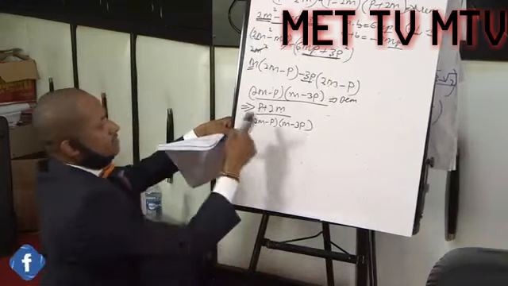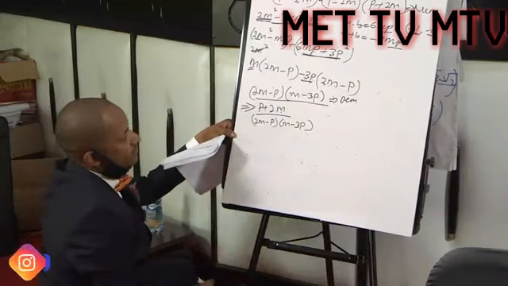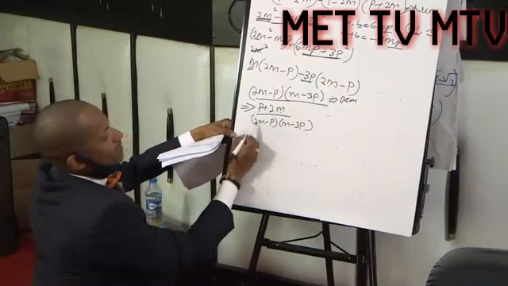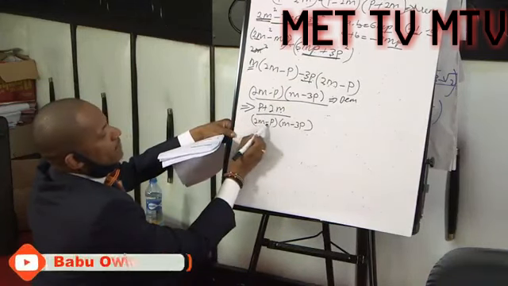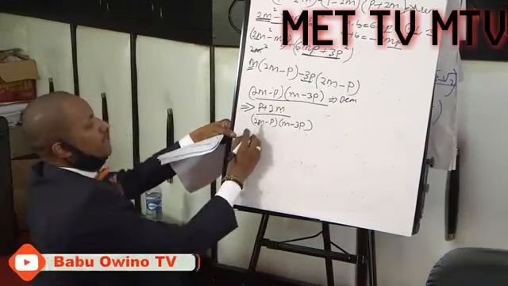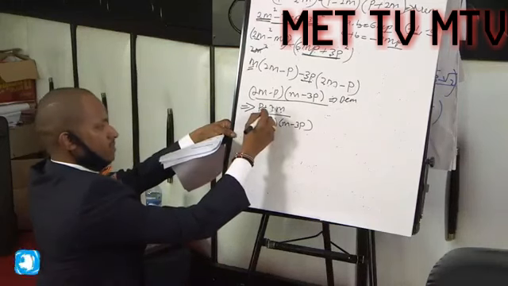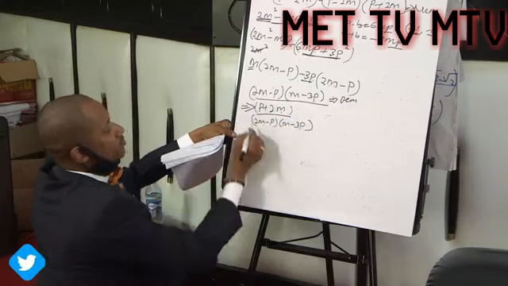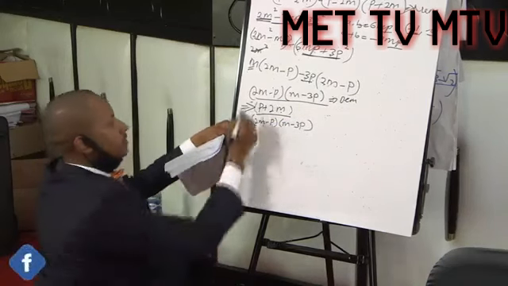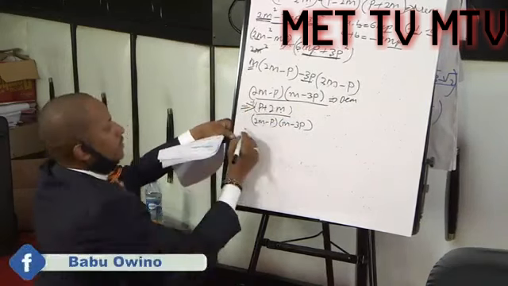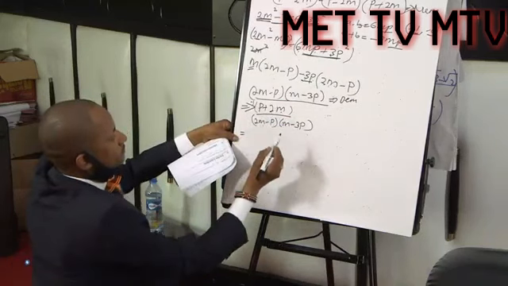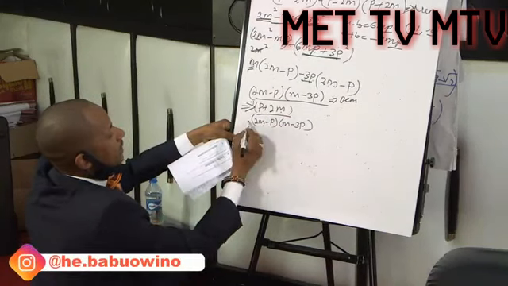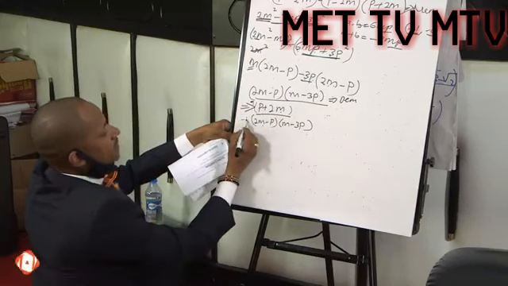So from this, we want to simplify this further. How do we simplify it? We have p plus 2m, but here we have 2m minus p. So we can make this equal by simply multiplying the upper part and the lower part by negative 1.